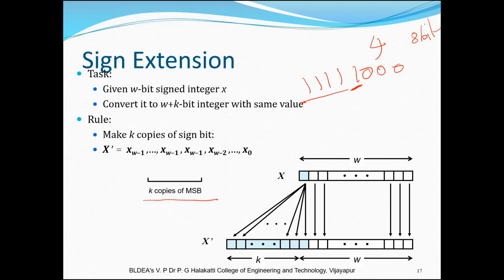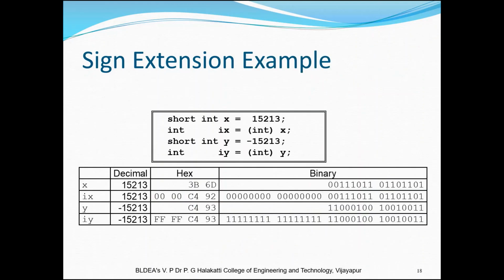So to understand that, we will see one example. You can see here the integer x is given here, which is a short int which is going to take a smaller number of bits. Now I want to convert it into an integer type of number. So if I am converting short into int, then the number of bits it is going to take is more. So how to convert it?